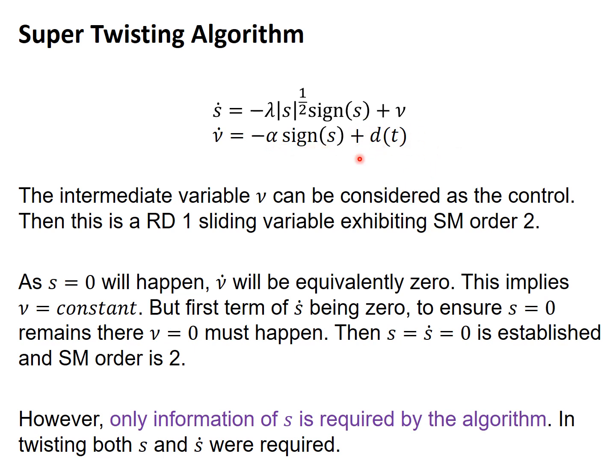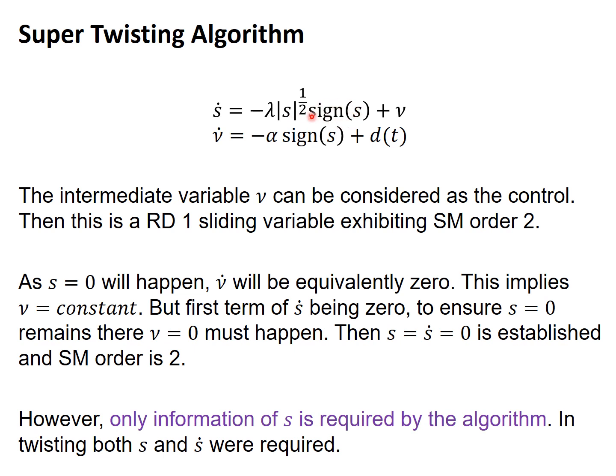So you see, you check now the different things that we are talking about these algorithms. So here, what is the sliding mode order? Sliding mode order is that derivative number in which the switching term sign S is coming. So you see, this is not the switching term actually.